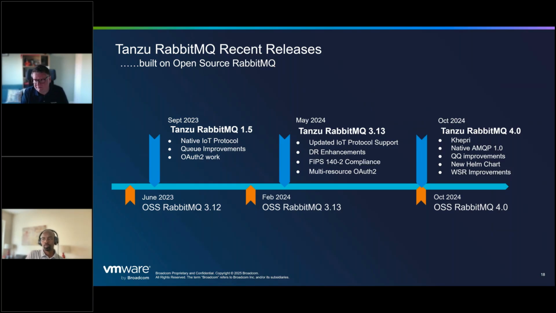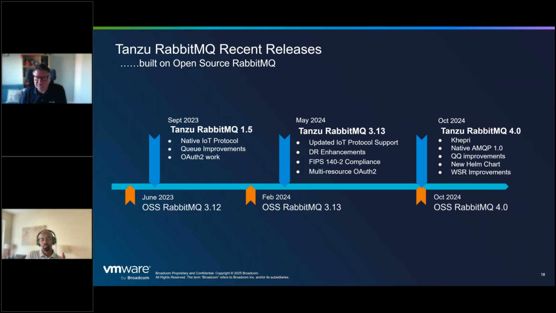So we've done away with this loosey-goosey release cadence for Tanzu Rabbit versus open source Rabbit, and that's something the team have wholeheartedly embraced, and we now have a much more regular release cadence.